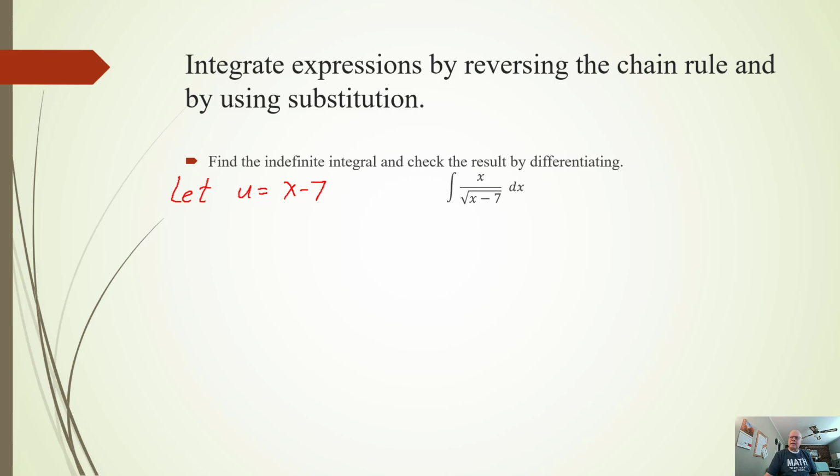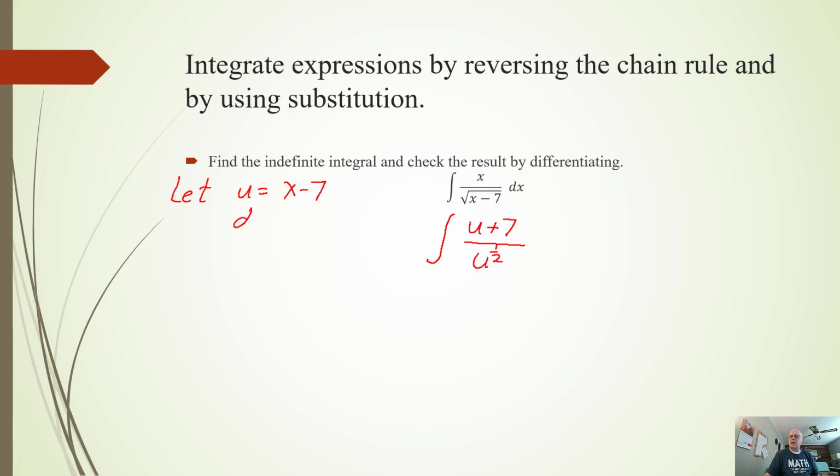Now, with that said, what we've got here is the integral of u plus 7 will be an arrangement sort of like we did before in the last one. And on the bottom, we'll have u to the 1/2.